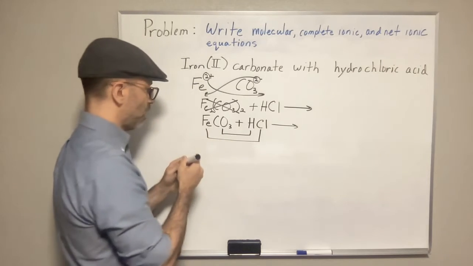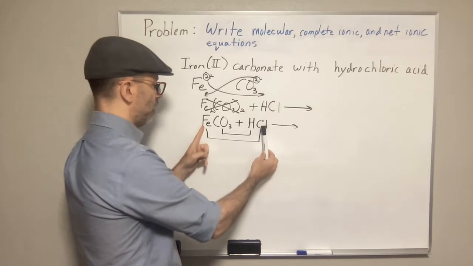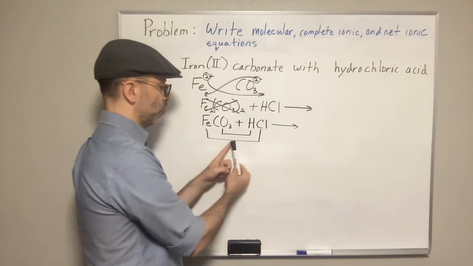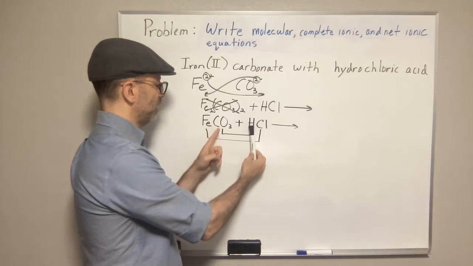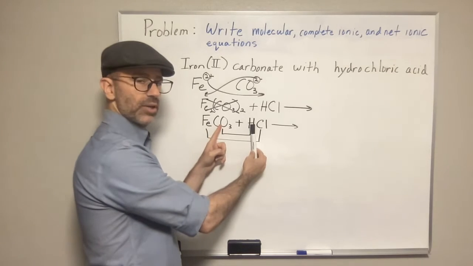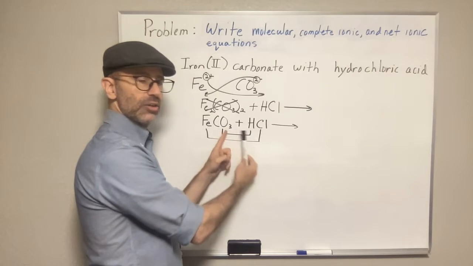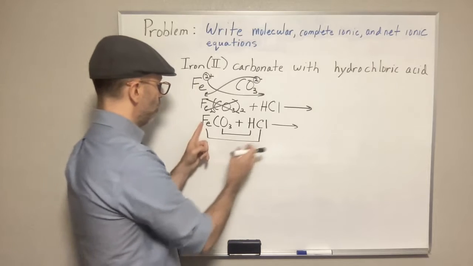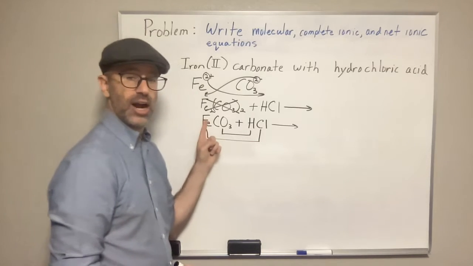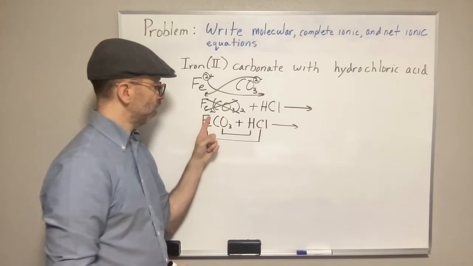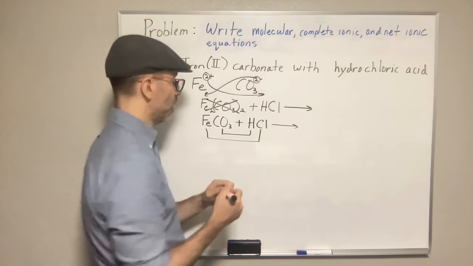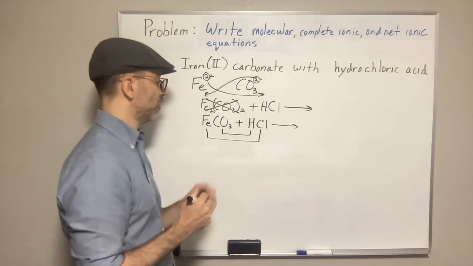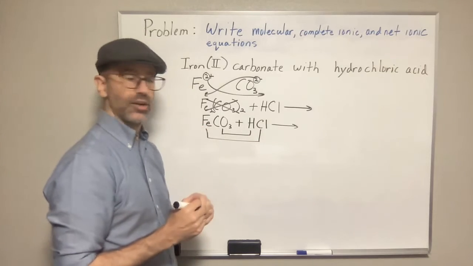So our possible products are going to be where the iron 2 ion comes together with the chloride to form a product, and the hydrogen and the carbonate, CO3, is going to come together to form a product. So we need to balance the charge. Iron has a +2 charge, and the chloride ion has a -1 charge. So we're going to need 2 chlorides to balance the charge on your iron.